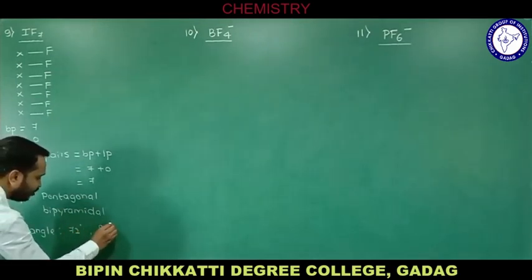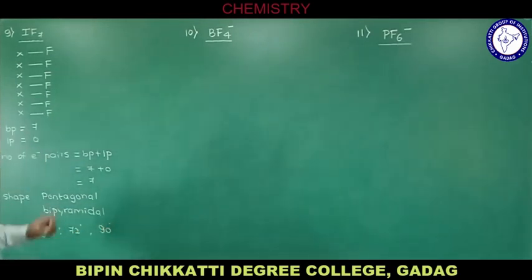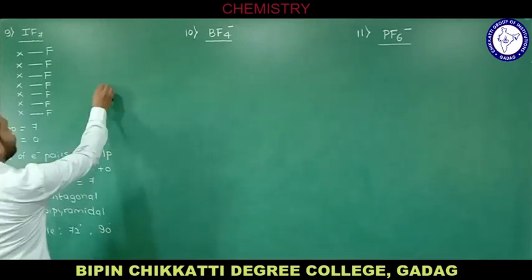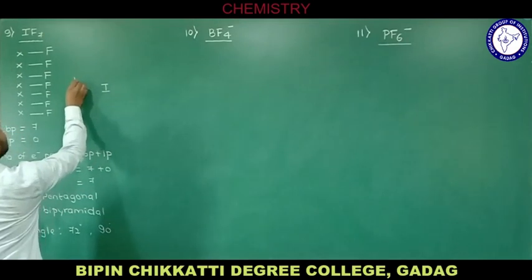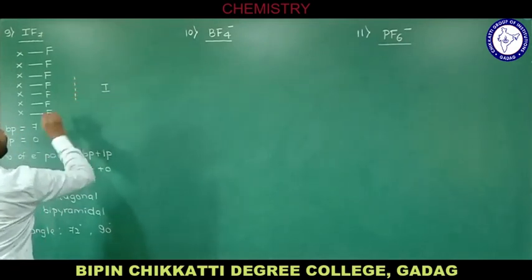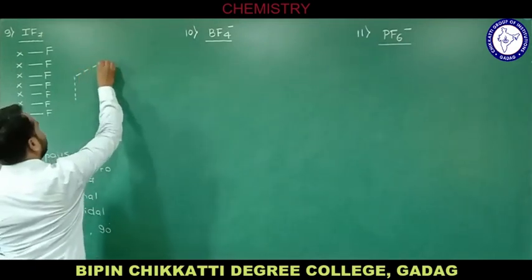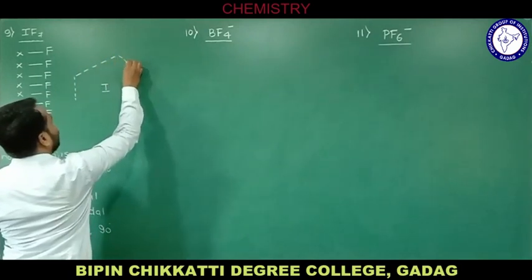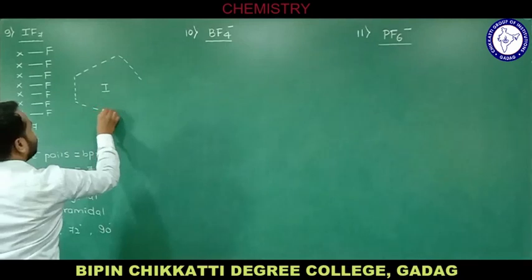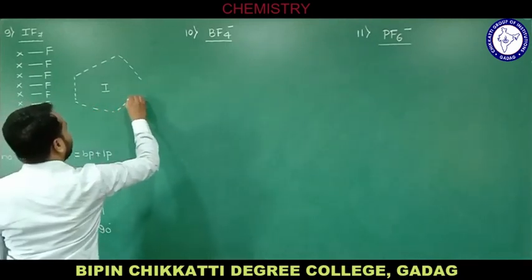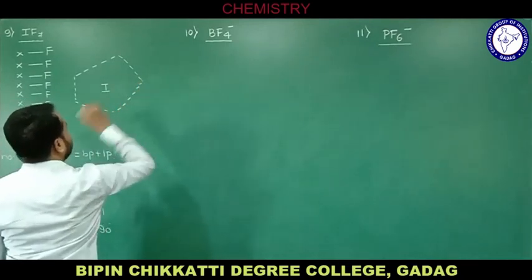One is 72 degrees and one more is 90 degrees. We will see now how IF7 looks, and how we can mention the bond angles as 72 and 90. Here I am drawing the pentagonal shape, and later we will draw 2, one above and one below like a pyramid.